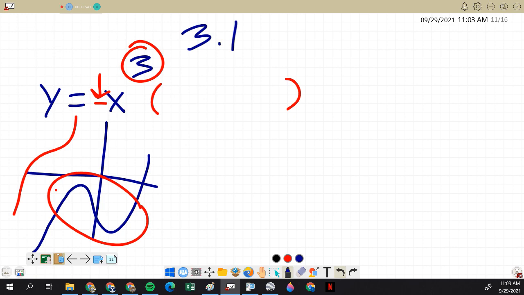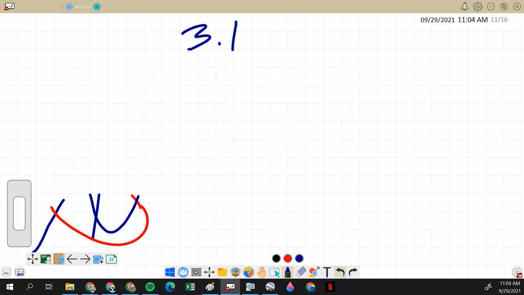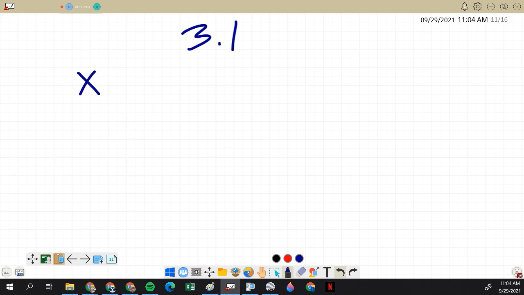And as a general rule, the more information you have over here, the more wiggles it's going to have. That's not a guarantee, but if there's a lot of information there, there's a greater chance that it has lots of direction changes.